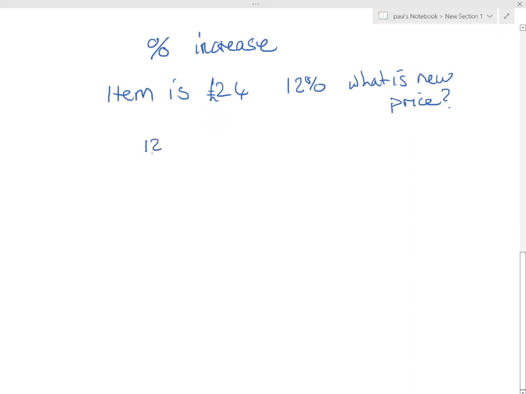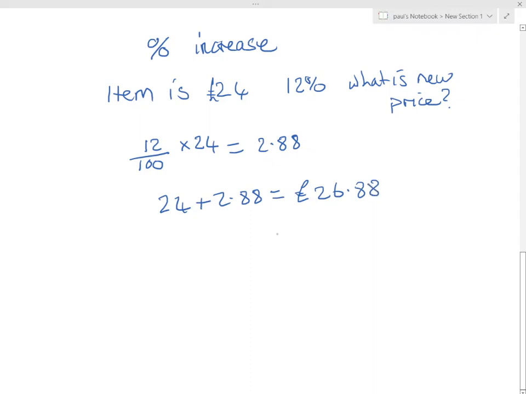So 12%, same routine as we've done before, of 24. So 12 divided by 100 times 24 is £2.88, and just 24 plus 2.88, nice and simple this one, £26.88 is the new price. So for a percentage increase, find what the percentage is and add it on.